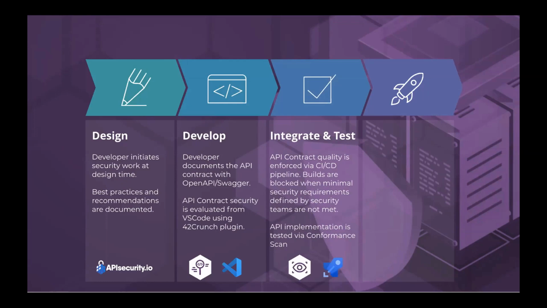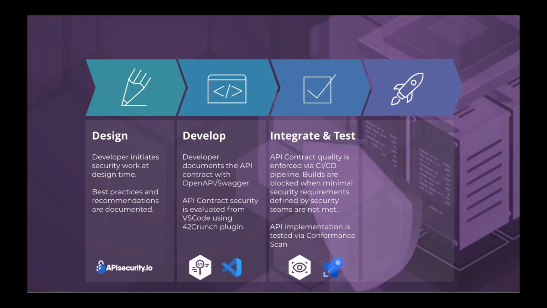In the next stage, I've written the implementation, I have a first version of my API, and I'm going to push it through my CI/CD pipeline, through Azure DevOps in this case, and then the same audit is going to run to make sure we're conforming with the minimal security requirements that the security teams have defined, such as: I don't want to see any high or critical problems left in the report generated by the audit, and the minimal score is 80 out of 100.